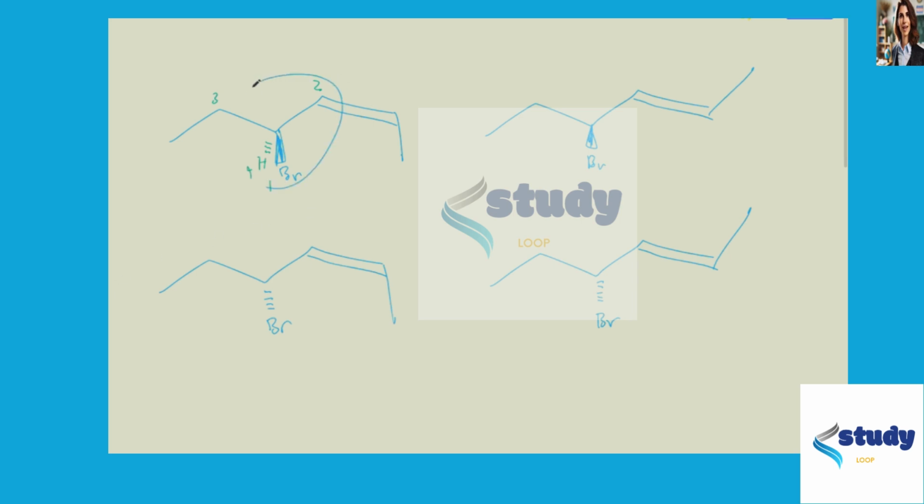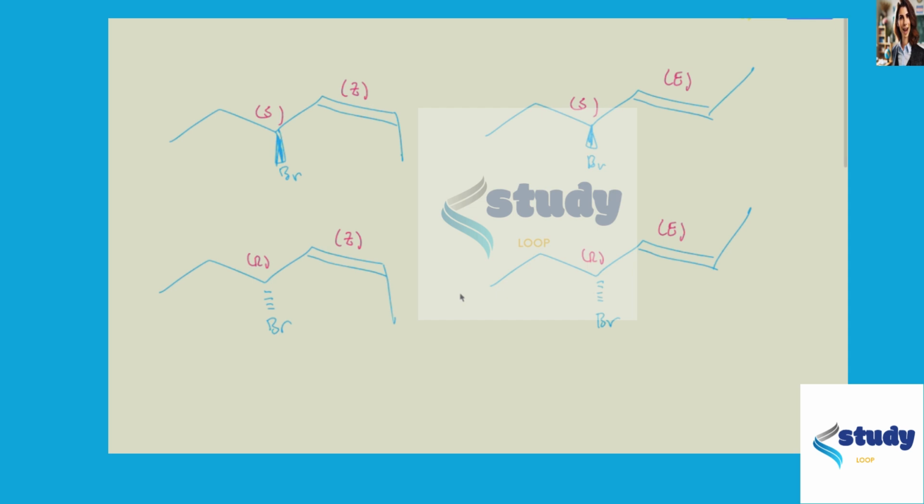This is 1, 2, 3 counterclockwise, which means this corresponds to S. And that makes this R, and then this, as we said, is Z, and this is E. There we are.